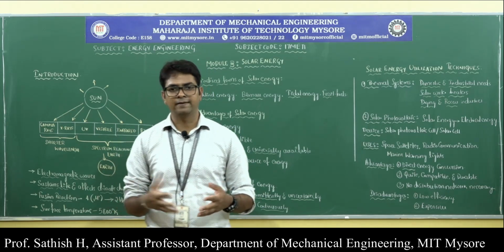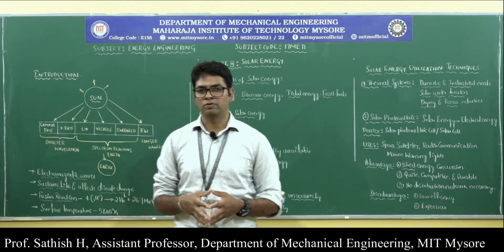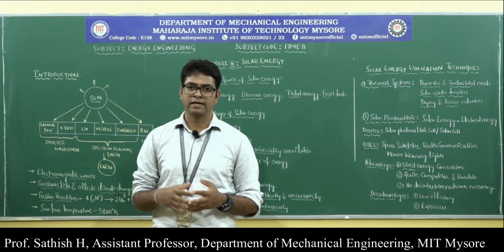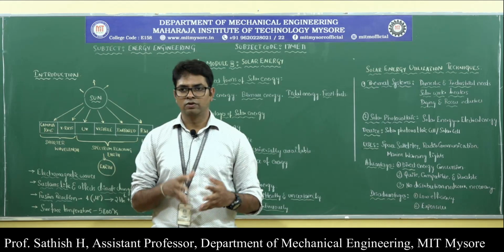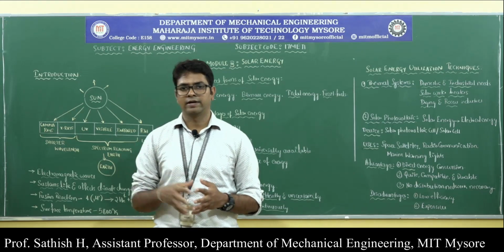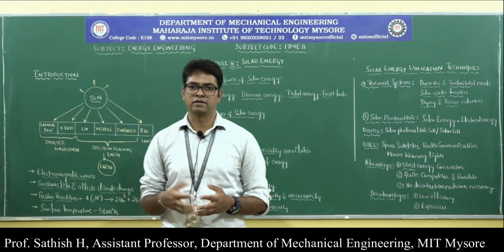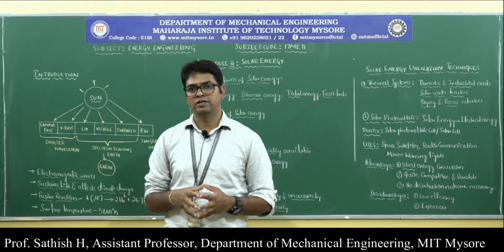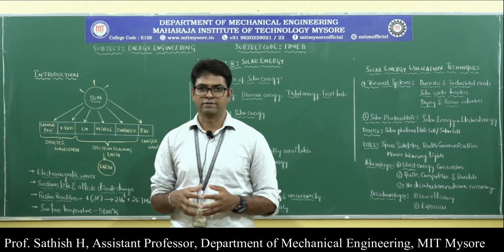For example, if you take fossil fuels or hydroelectric power plants, there you can produce energy throughout the day, 24 hours, continuously, whereas in the case of solar, it depends upon day and night. During the night time no solar energy is available, and if the weather is cloudy, that also affects the energy availability on the surface of the earth.